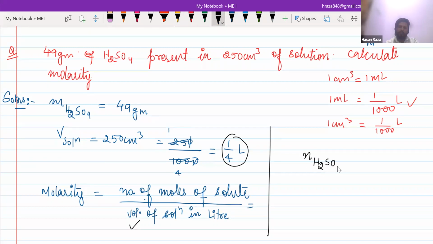Solute is H2SO4. So number of moles of solute will be equal to given mass upon molar mass. So this will be the given mass 49 gram and molar mass is, what is the molar mass that you have calculated for H2SO4, Sakina? Sakina, what is the molar mass?